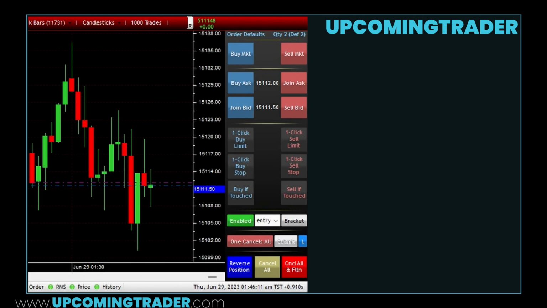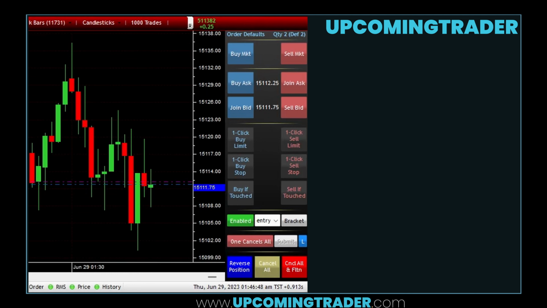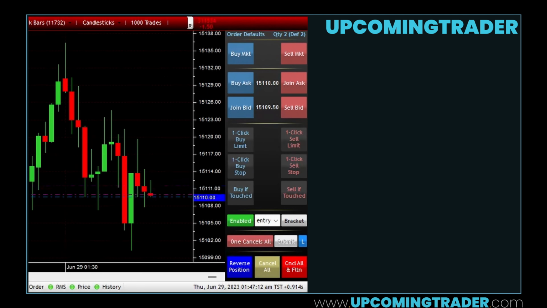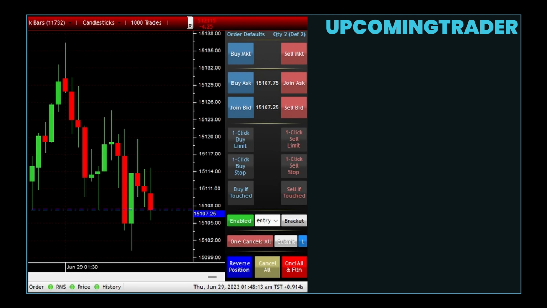Hunting for hidden iceberg orders can divert attention from this focus, leading to decisions based on speculation rather than sound analysis. Therefore, as day traders, we should focus on our price action trading and not try to figure out what the market is doing or who is doing something in the market. That is irrelevant to us.